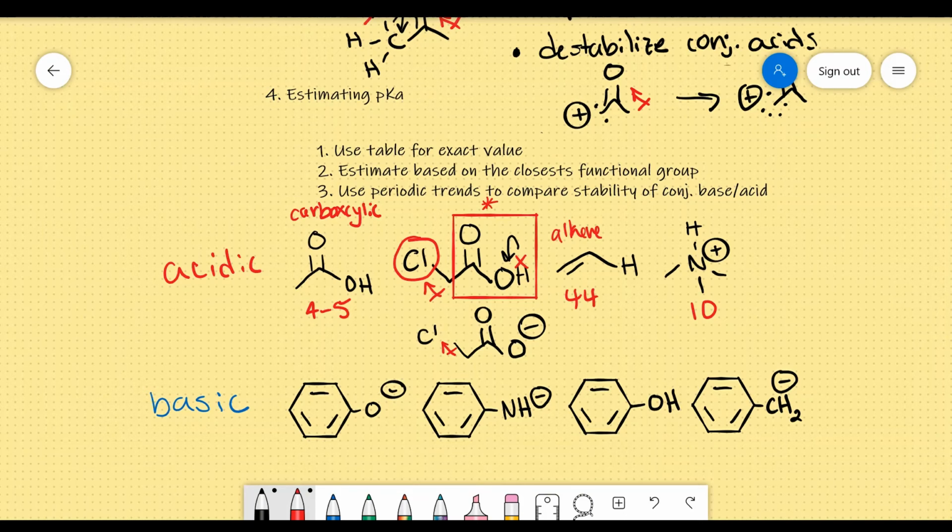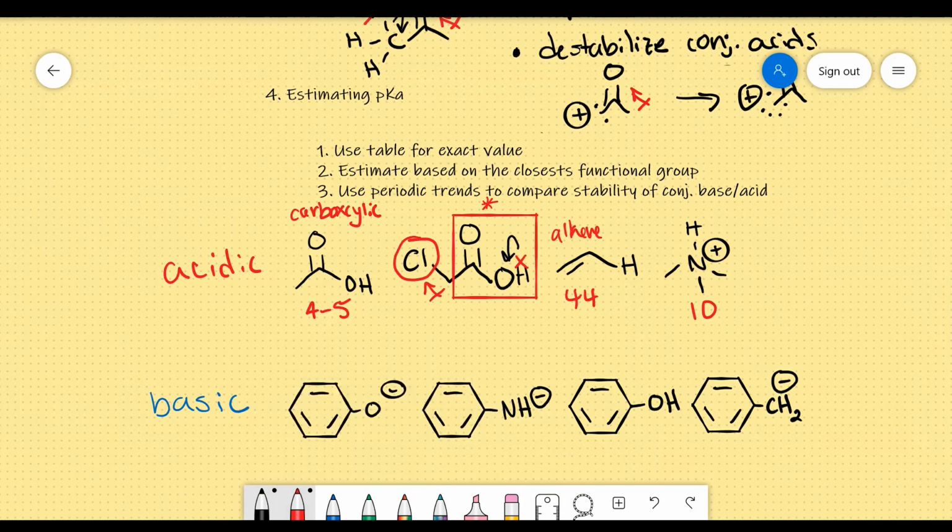Now, remember, when we are stabilizing something, our energy is going to be lower. So since we're looking at acidity, anything that has a more stable conjugate base is going to be lower in pKa.